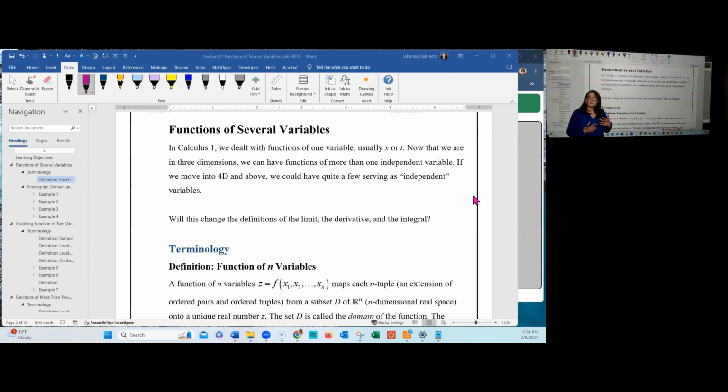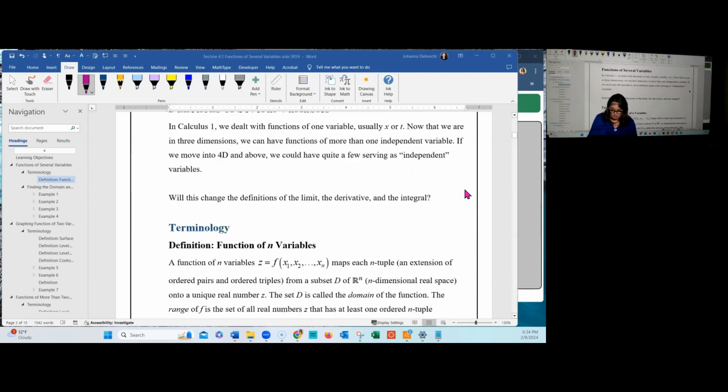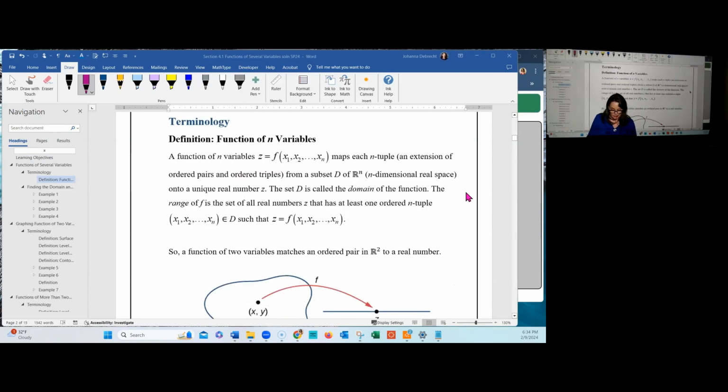So it's no longer just a function of x or t as it was in Calculus 1 and Calculus 2, but now in multivariable calculus, we have functions of more than one independent variable. We can have multiple dimensions. So when we define this, let's see how it affects the definition of the limit, the derivative, and the integral.